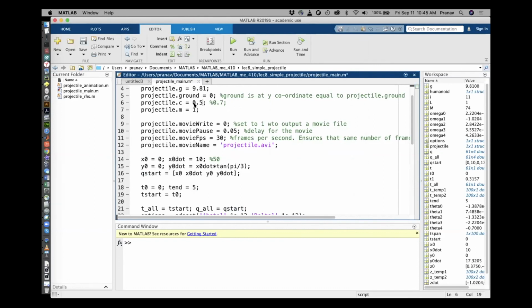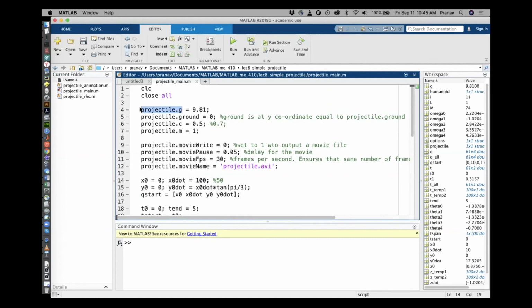Okay, let's get back to 0.5 and let's look at what you need to do in order to make a simulation like this. First of all, like before, instead of defining variables as g, m, I define them in an object called projectile.